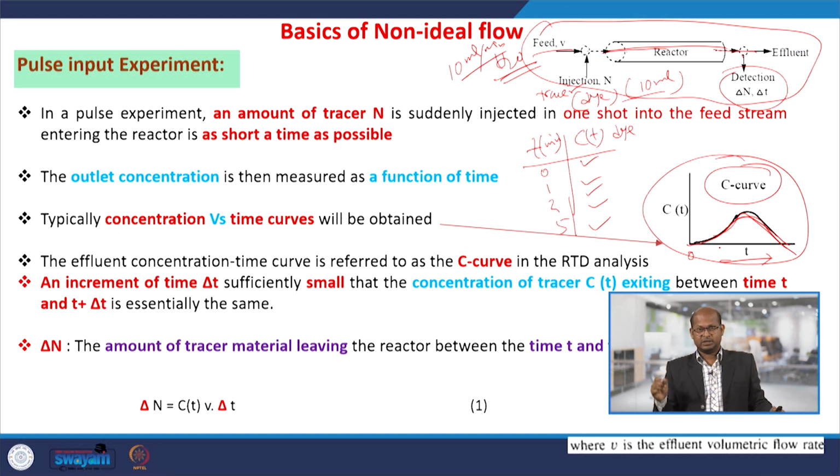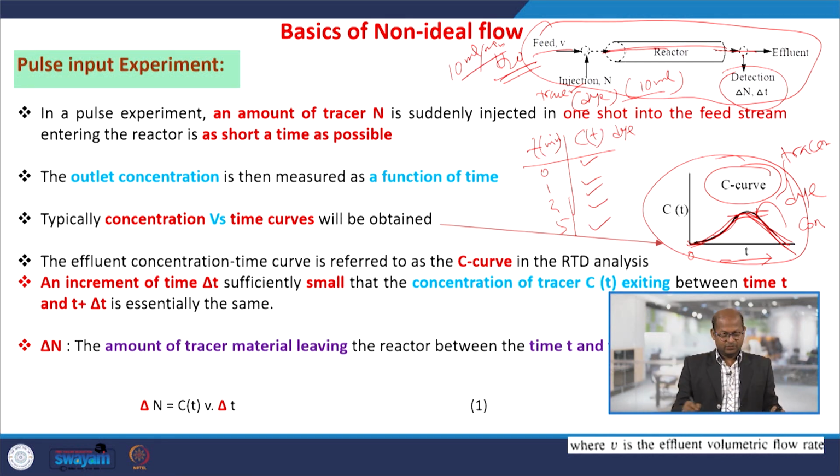What would be the concentration? The concentration would vary. This is the tracer or dye concentration. This is the maximum concentration, this is the minimum concentration. At the beginning it was the minimum, then it gradually increases and then drops. This way you can find out.